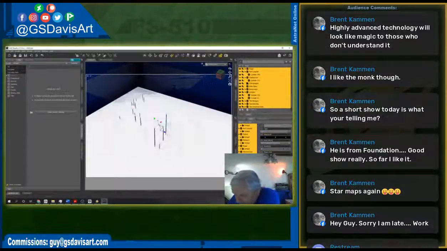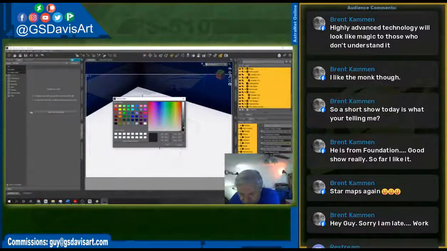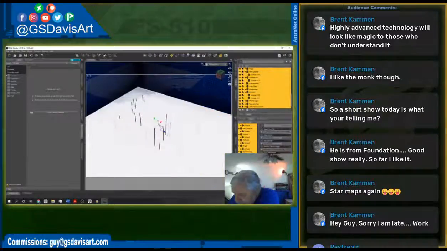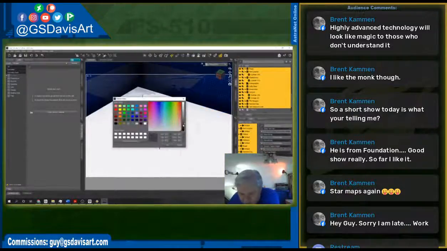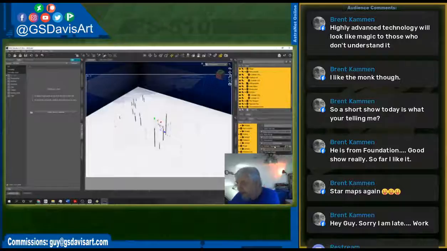Make their base color white. Glossy color must all be black. And their emission color should also all be black. That way they're not shiny.